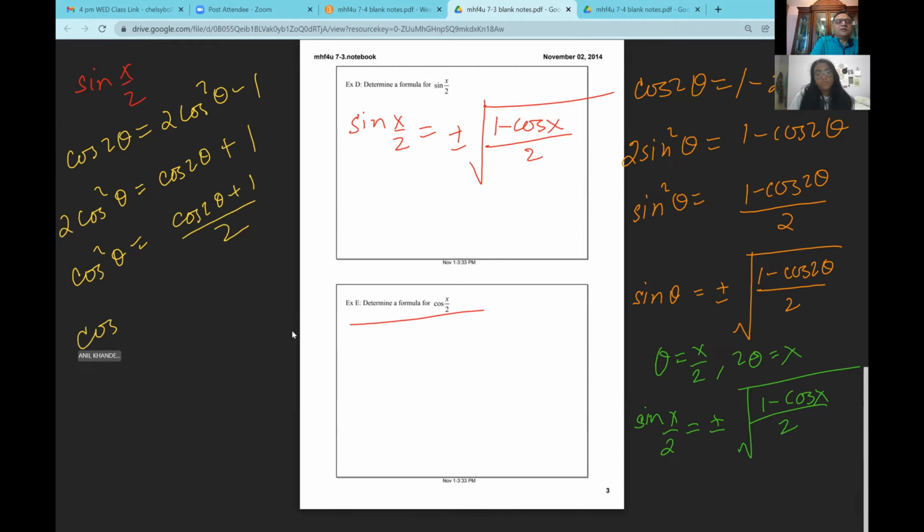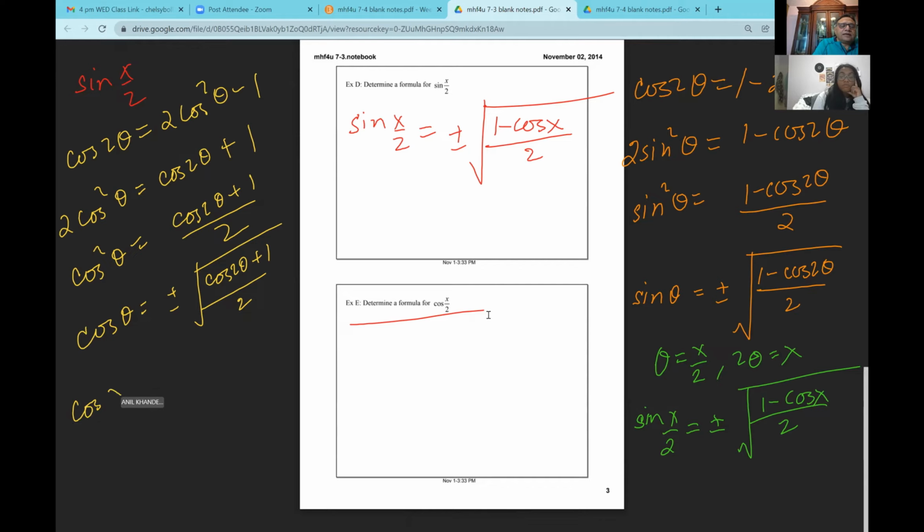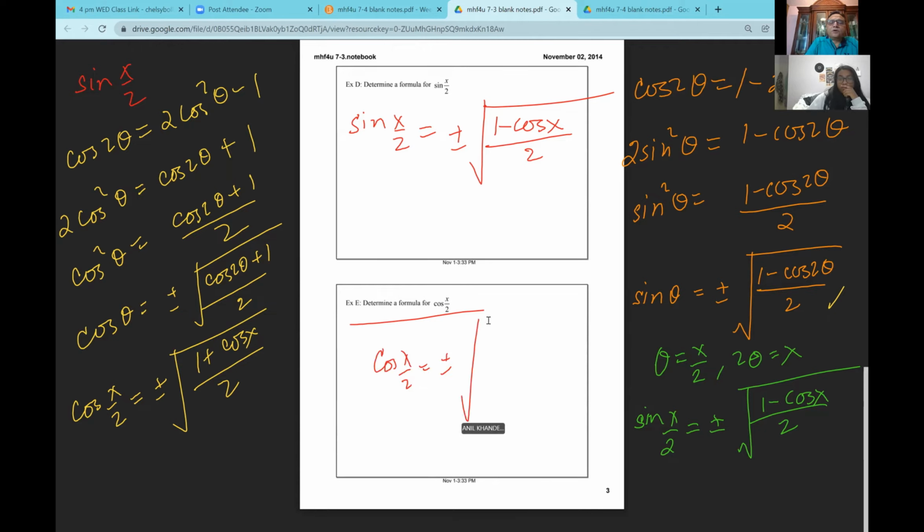And definitely cos theta will be plus or minus square root of 1 plus cos 2 theta over 2. I should write 1 plus cos 2 theta just to maintain that symmetry, right? And replacing theta by x by 2, I can say cos x by 2 equals plus or minus square root of 1 plus cos x over 2. I interchanged the position just to maintain the same kind of form, right? Is it okay?